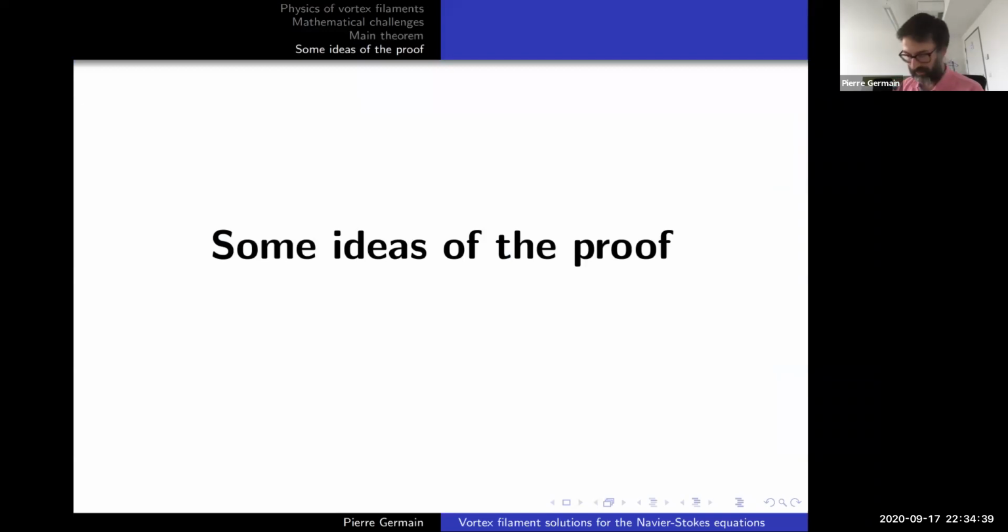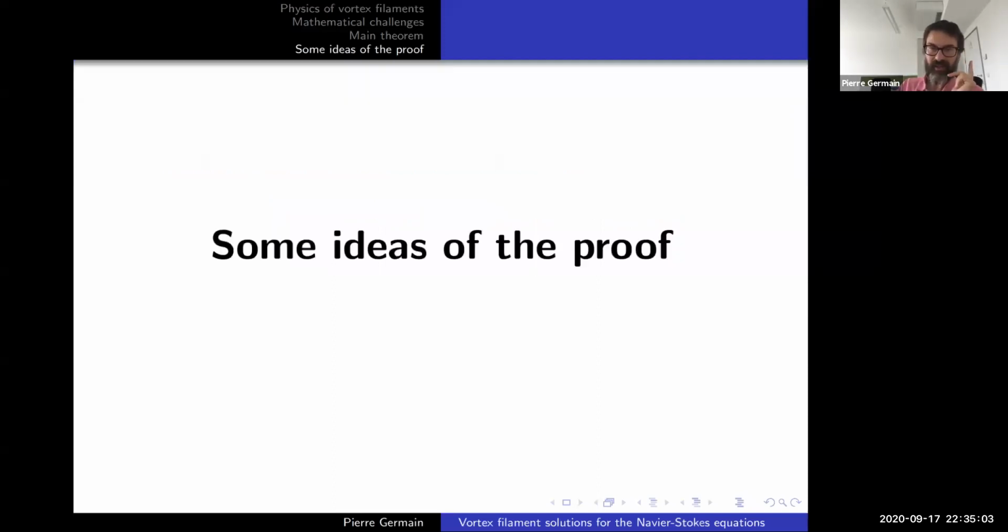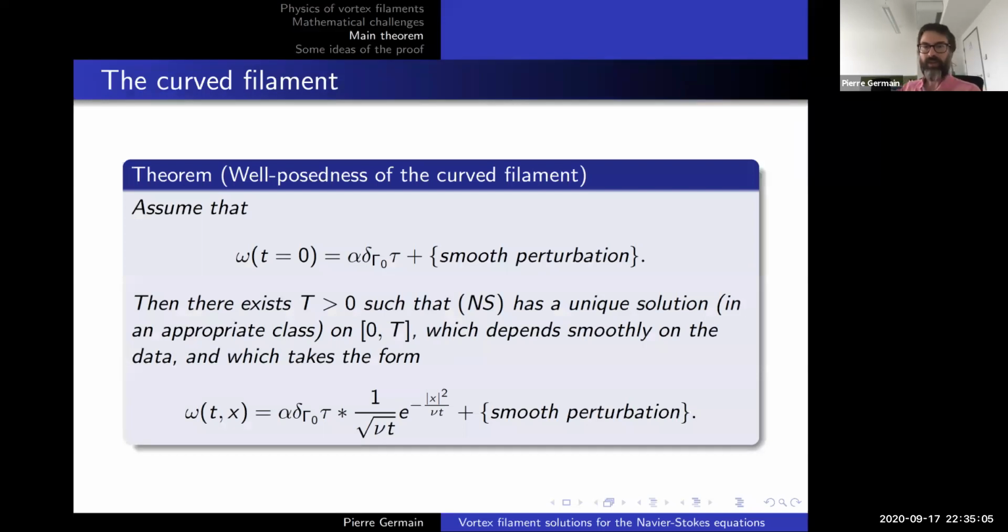Okay, so in the time that is left, I will present some of the ideas of the proof. So I will first discuss how the solution is constructed. So the basic idea is that, oh yeah, maybe I forgot to say, as far as the theorems go, the theorems apply for any value of alpha and nu.